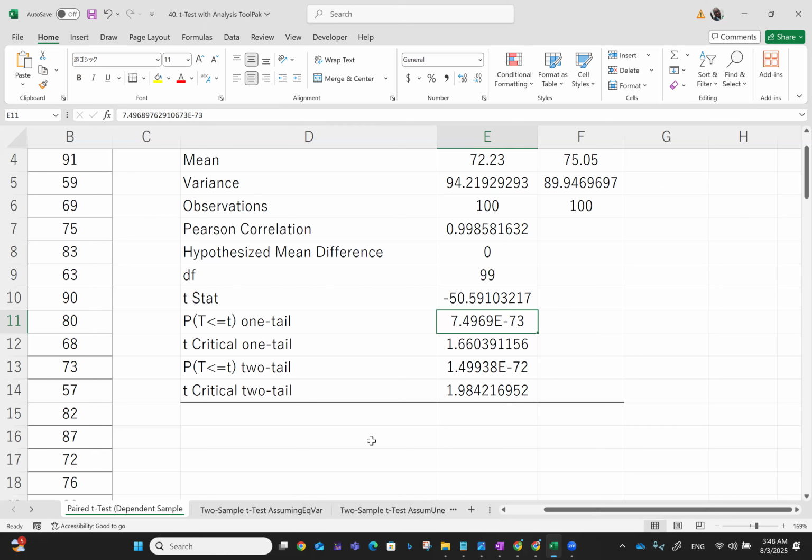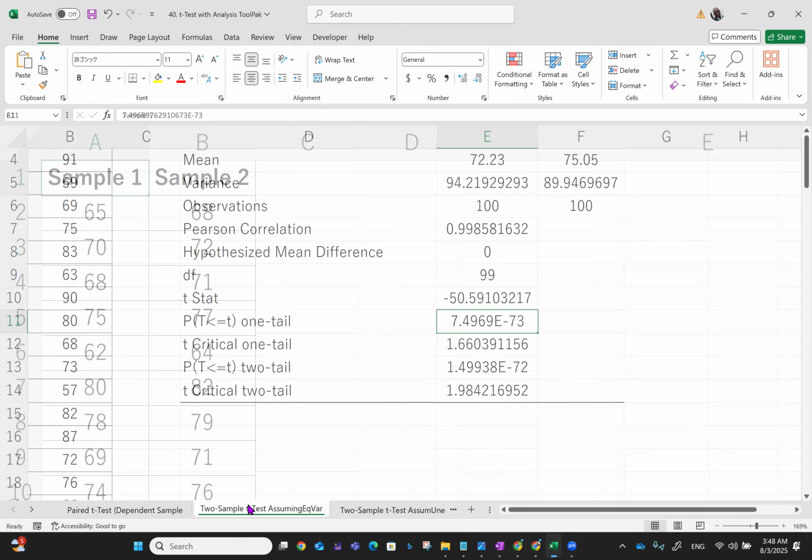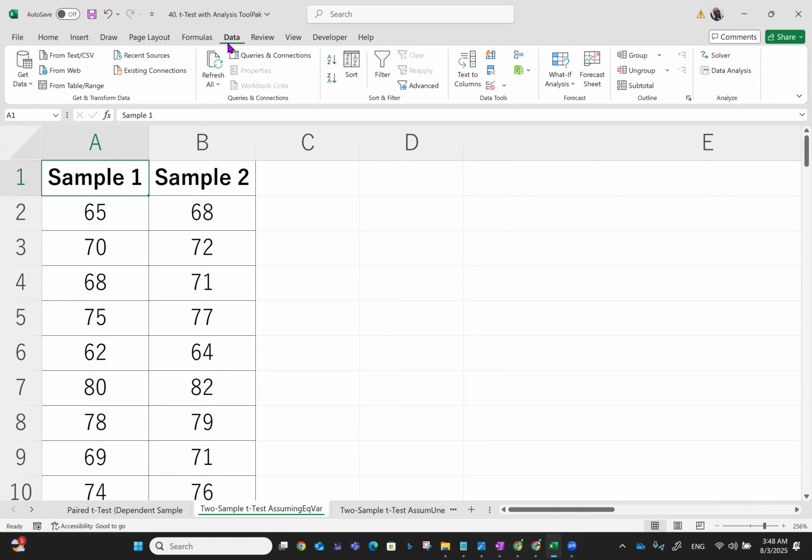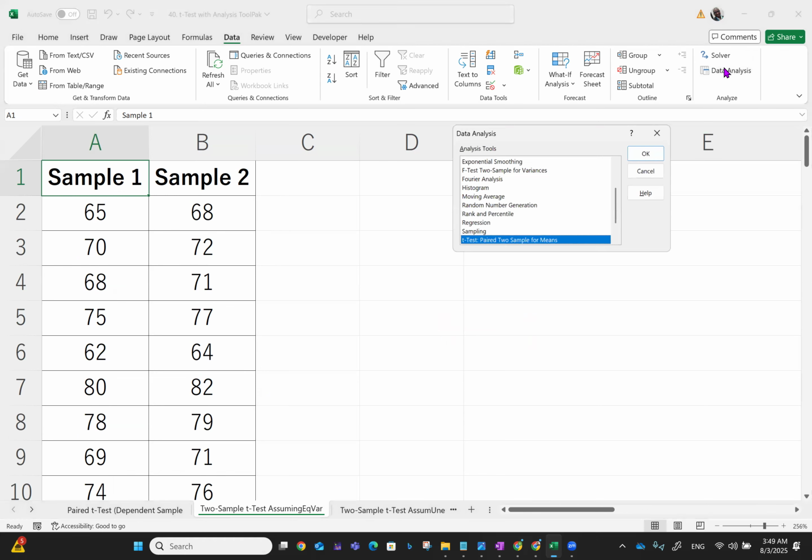So let's go on to talk about the two-sample t-test assuming equal variance. Same procedure. Go to data. In this case, we are running the same test on class 1 and class 2, sample 1, sample 2. That's what we've called them here. And then we just go on to this place.